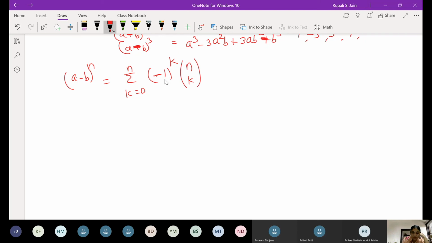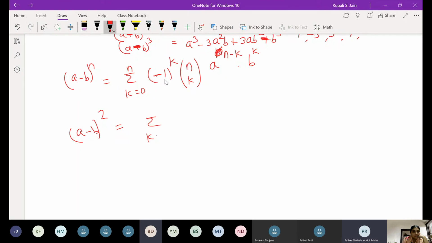You know this formula? Yes, ma'am. What is the formula? n choose k, then a raised to n minus k, b raised to k. Is it? So now, if I write a minus b square, then we will take this.